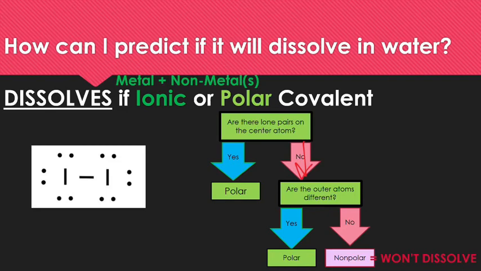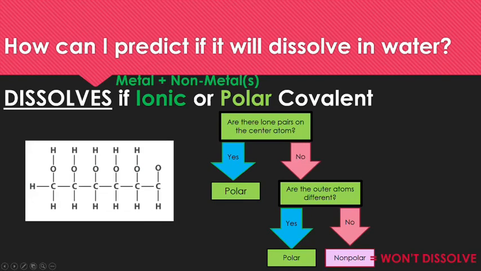If you just look to the center, there are no lone pairs, no dots in the middle. And then, thinking of that as our center, the outer atoms are these, and these are the same. They are not different.